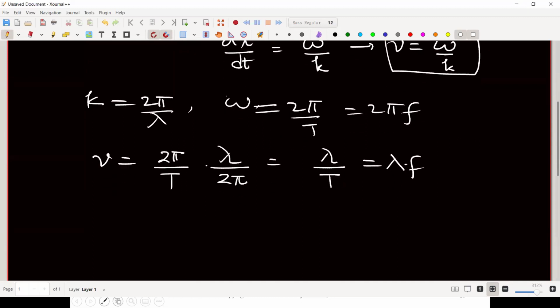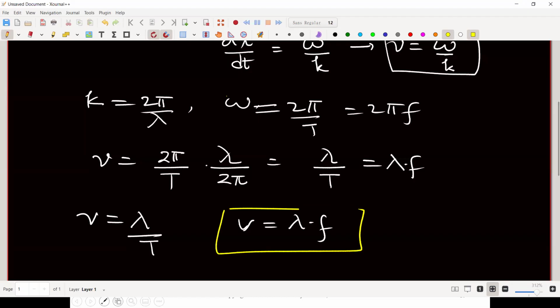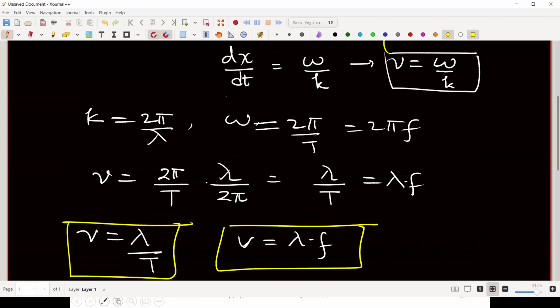So for the speed of the wave, we can use v equals lambda divided by period T, or v equals lambda times frequency. So we can just use this equation. This one is also the speed of the wave.